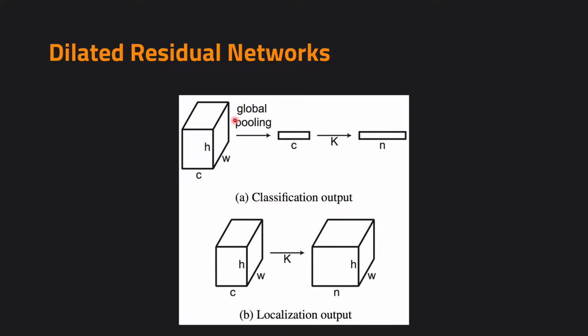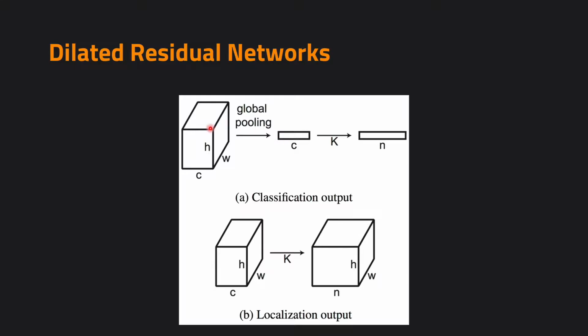At this low resolution, we can directly apply global pooling on top of the feature map. Usually the feature map is 7 by 7, and we do average pooling over that activation map to get a one-dimensional signal from each individual channel. Using this one-dimensional signal, we can do the classification.